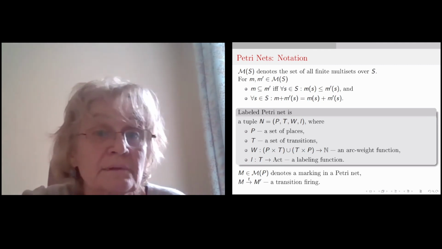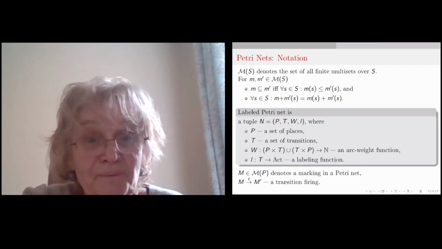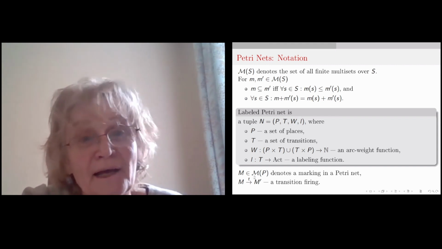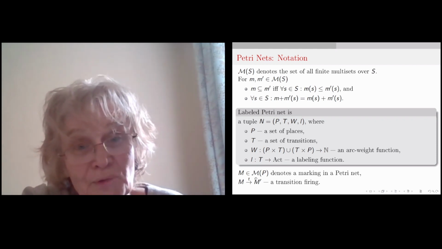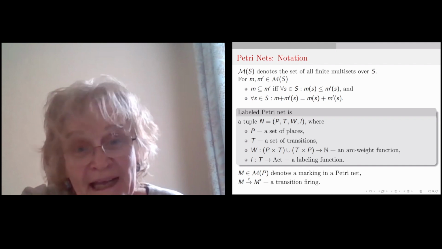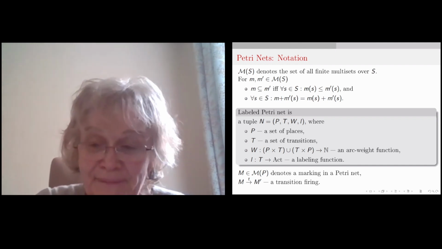Then we can interpret these states as multisets of places. If we have k tokens in a place P, that means we have k copies of this place in this multiset.